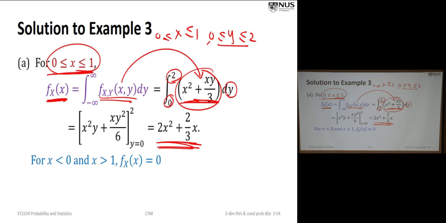So when x is less than 0, the PDF is 0, and when x is bigger than 1, the PDF again is 0. Why are they 0? Because the joint PDF is non-zero only when x is in the range of 0 and 1. Outside that, the joint PDF is 0.